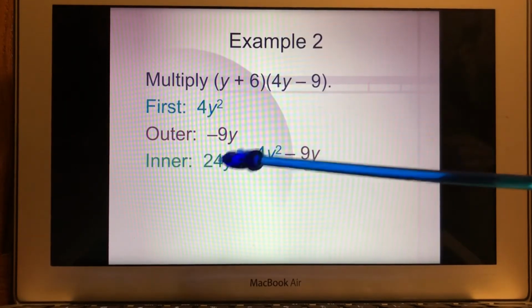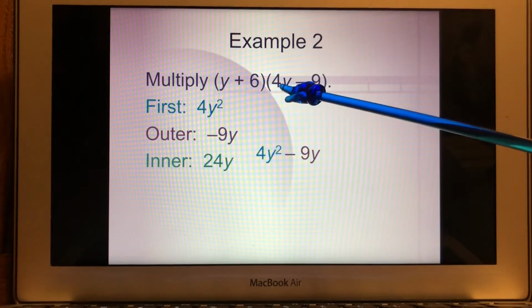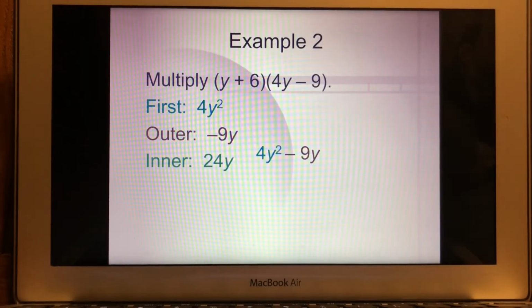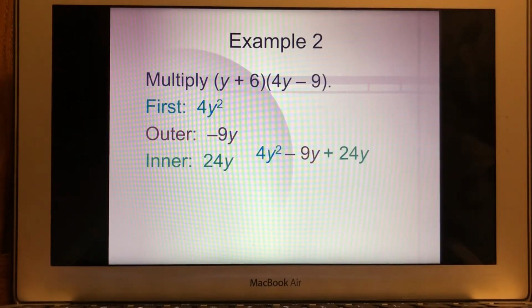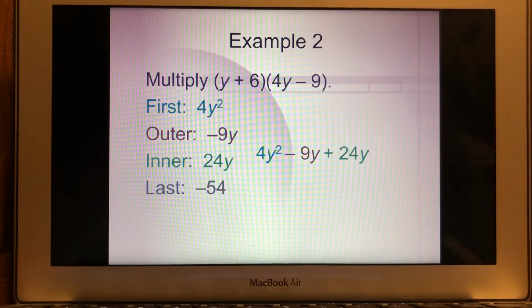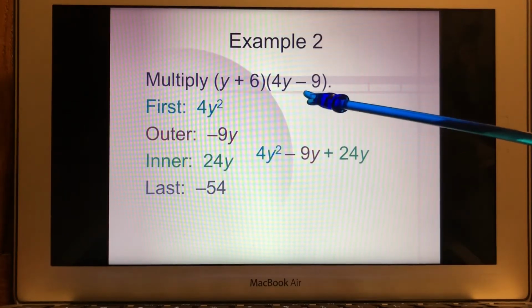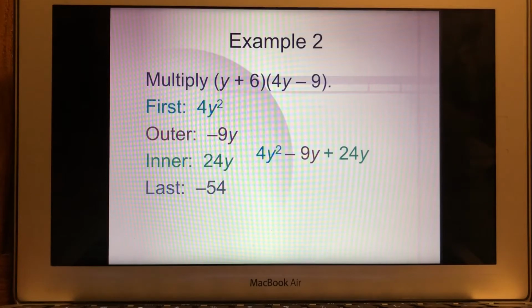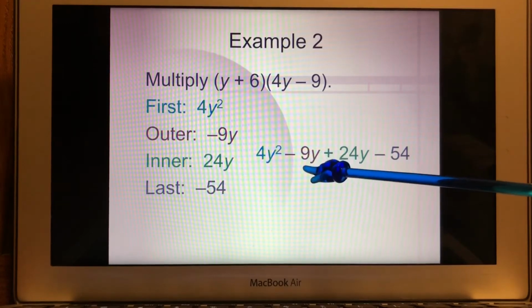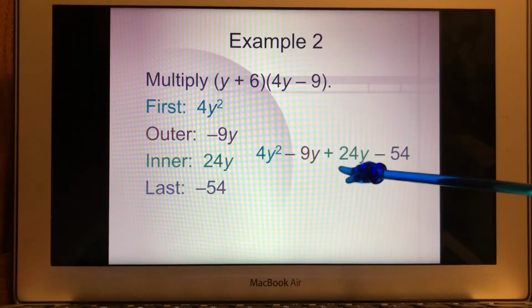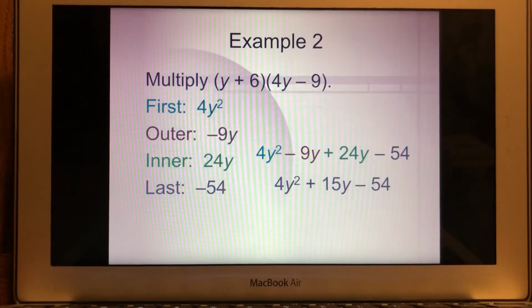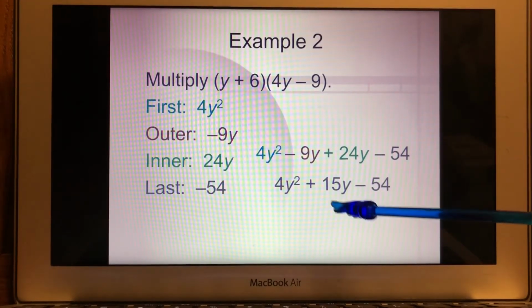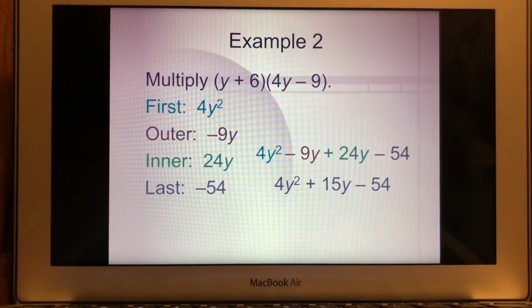The inside terms are 6 times 4y, which gives me plus 24y. And the last terms are 6 times negative 9, which gives me minus 54. Then I simplify minus 9y plus 24y, and I get plus 15y. And there's my final answer.